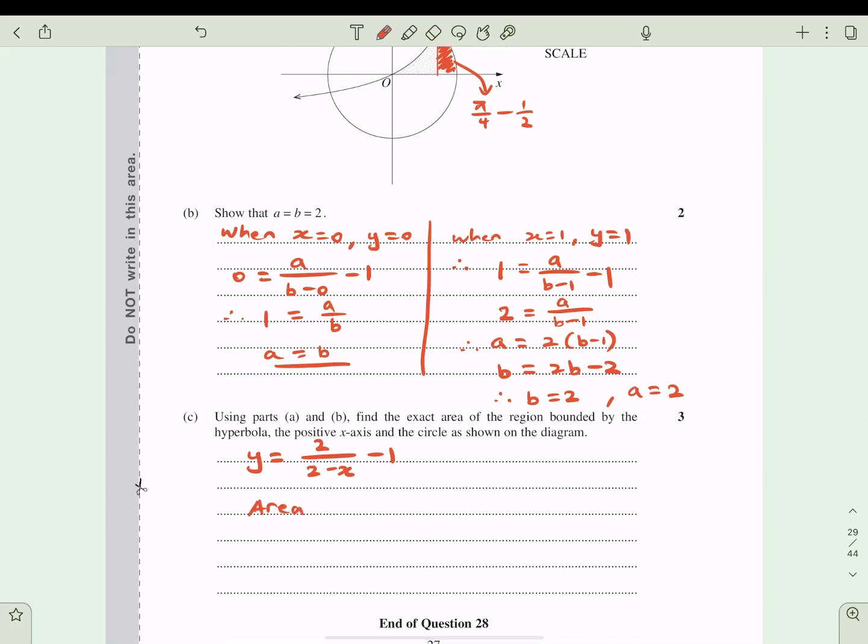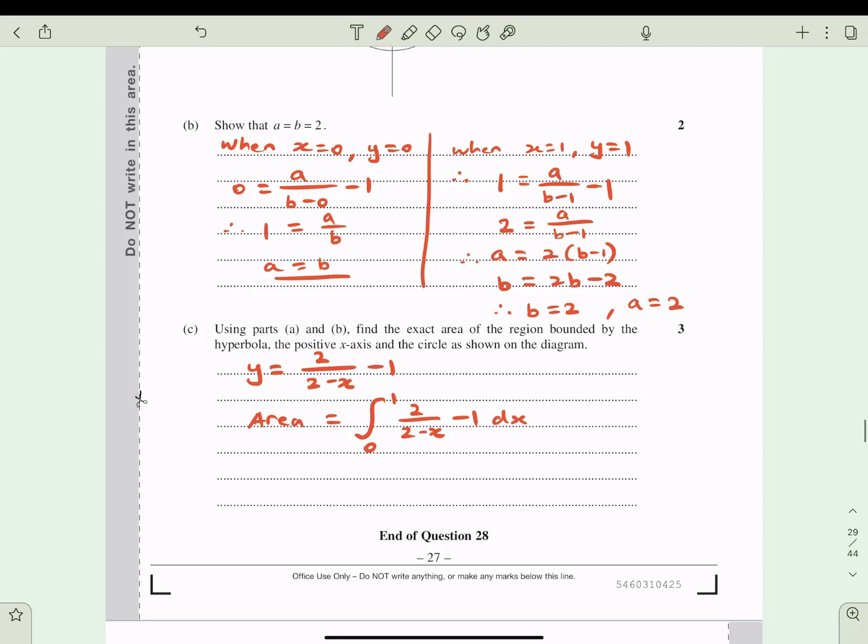Area is equal to the integral from 0 to 1 of 2 over 2 minus x, minus 1, dx. Now we need to integrate. Our x is on the denominator here for my integrand, so since x is on the denominator, we need to think of logarithmic integration. So integrating to logarithms.